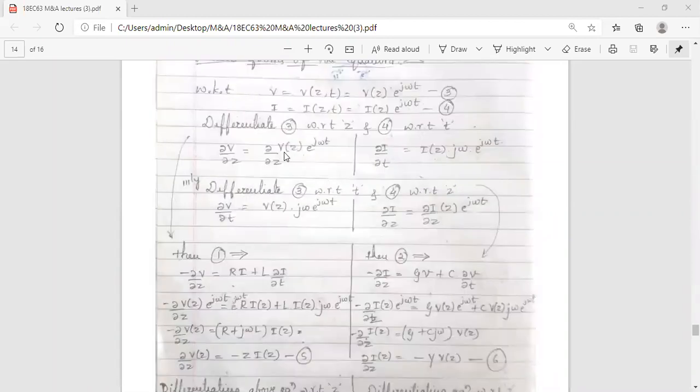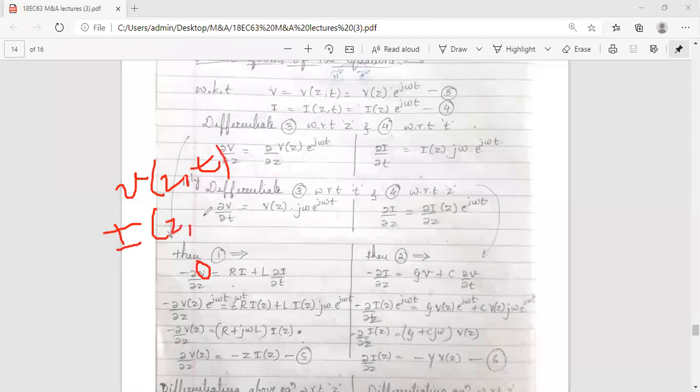After this, we took the help of the KVL and KCL equations 1 and 2. In equation 1, instead of writing V of Z comma t, we can simply write V. And instead of writing I of Z comma t, we can simply replace it with I. That's what has been done in equations 1 and 2.